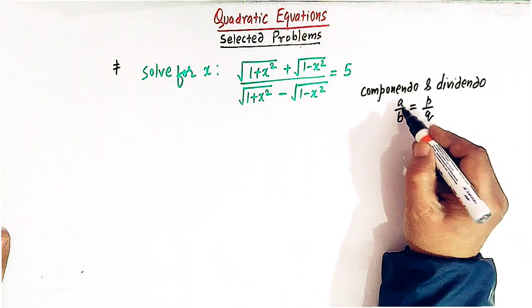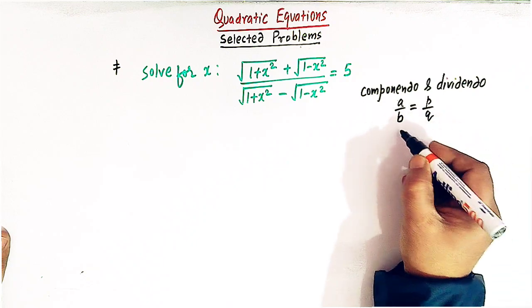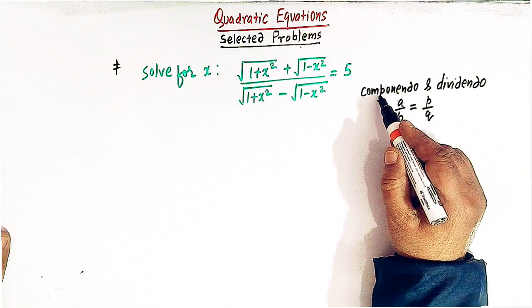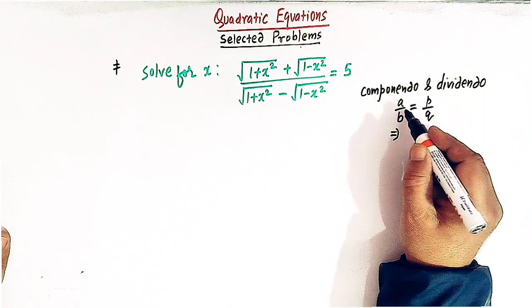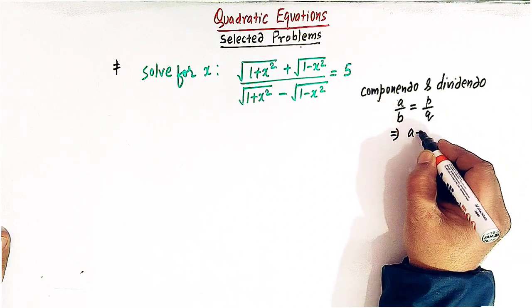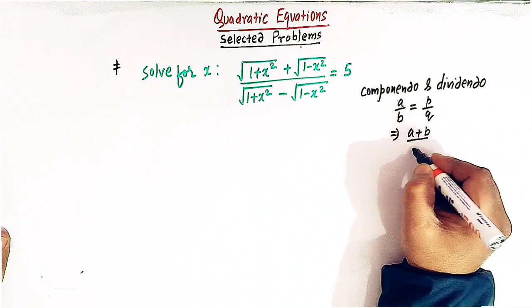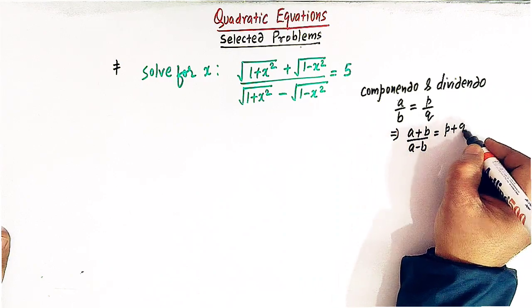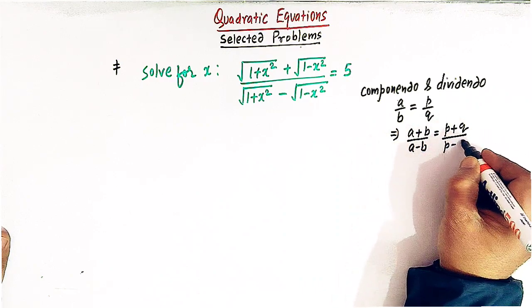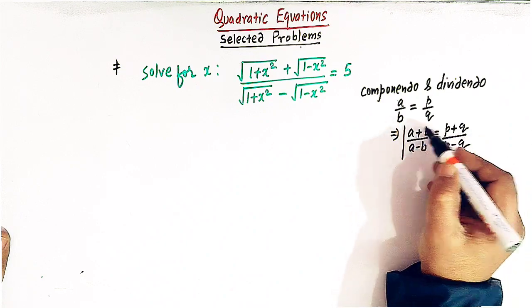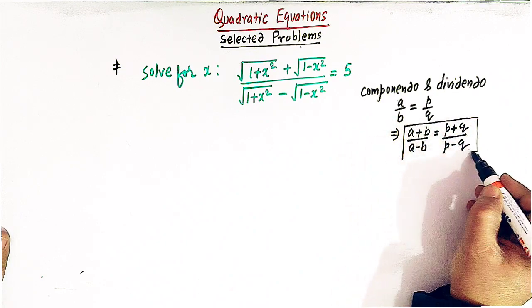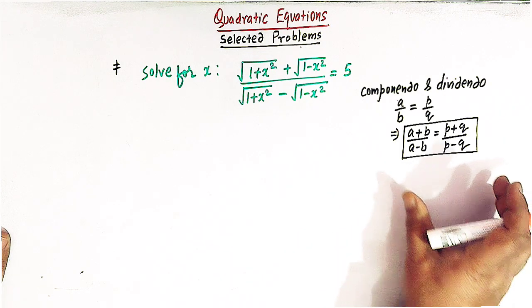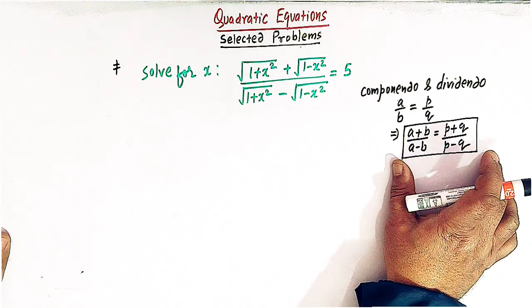Then componendo and dividendo says that (A+B)/(A−B) is equal to (P+Q)/(P−Q), right? Here we are not going into the detail of this result, but we'll use it directly.